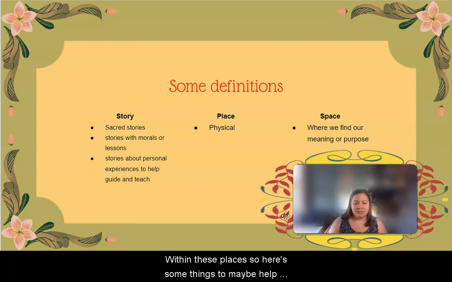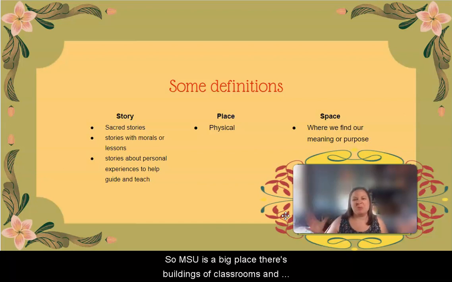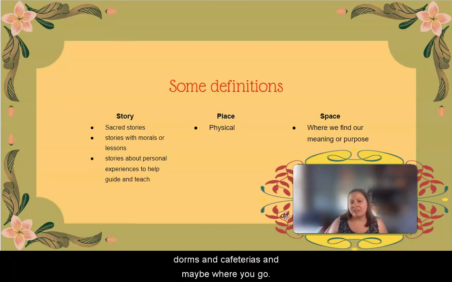So here are some things to help that just a little bit. You're all attending MSU. So MSU is a big place. There are buildings of classrooms and dorms and cafeterias and maybe where you go to hang out, recreation places, right?